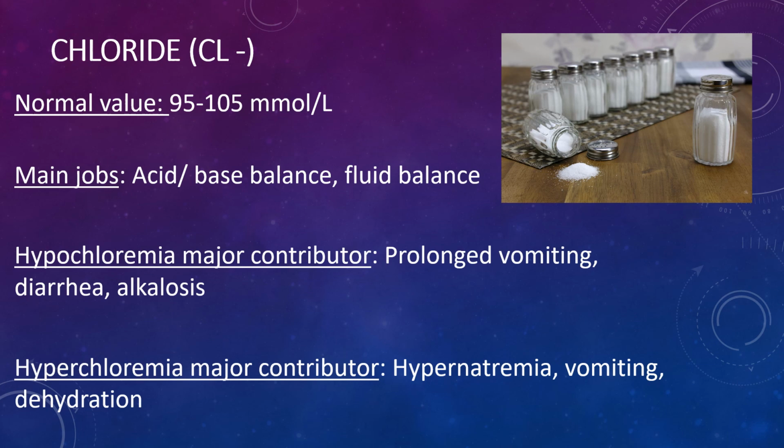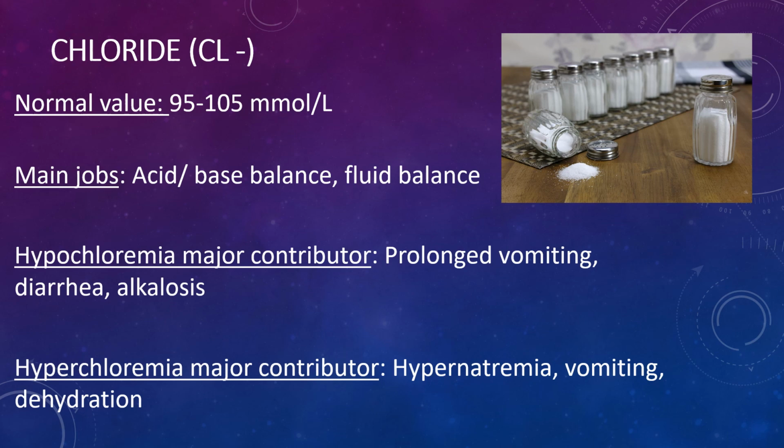When chloride levels drop, the major contributors there are prolonged vomiting, diarrhea possibly, and states of alkalosis, because it plays such a big role in acid-base balance. So remember, low chloride, alkalosis. And then hyperchloremia, obviously with hypernatremia, because they travel around together.